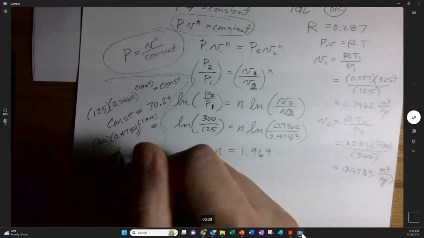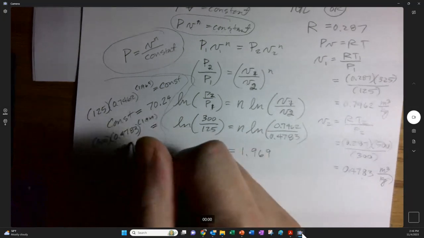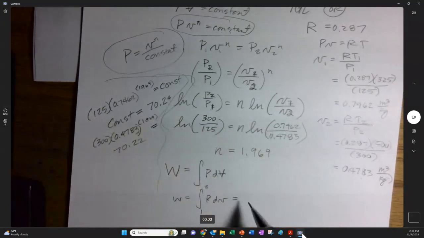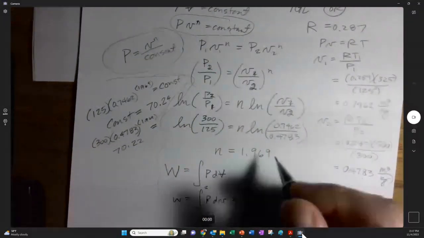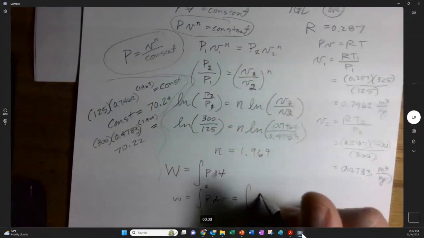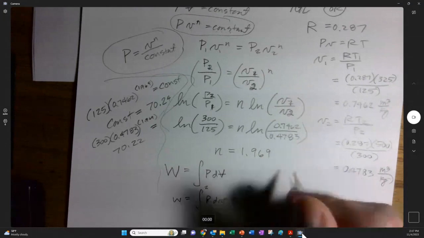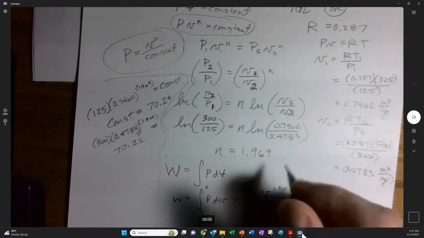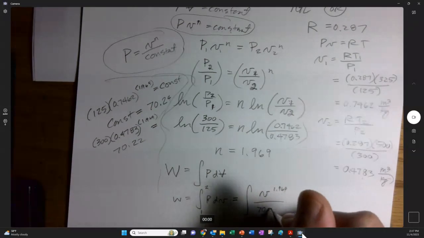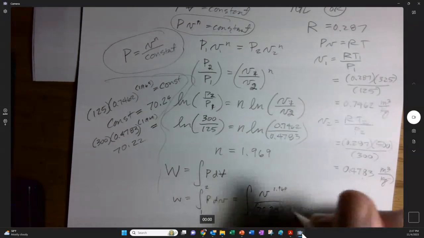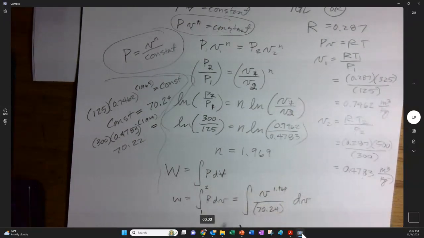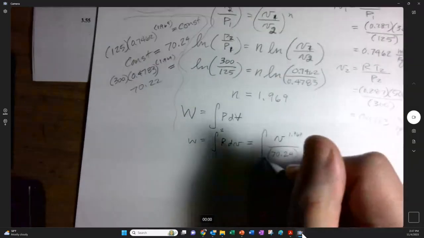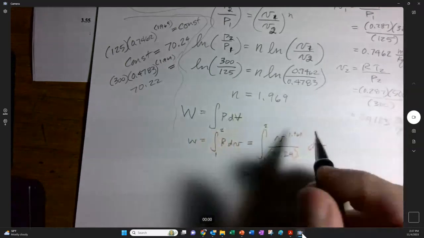Oh yeah, so I get the same thing, 70.22, right? So just some round-off error right there. So anyway, here's what I would attempt to do. I would go V raised to the 1.969 divided by 70.24 dV, and this is 1 to 2 right there, right?